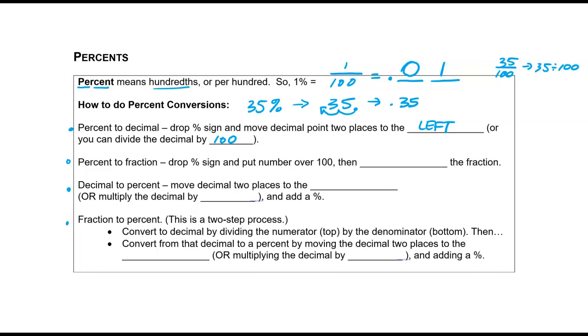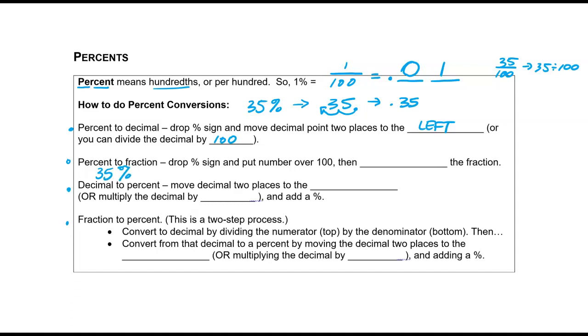And whenever you divide by a multiple of 10, so in this case 100 is a multiple of 10, that moves the decimal 2 places left, because there's 2 zeros here. If we were dividing by 10, it would move it 1 place left. If we were dividing it by 1,000, it'd move it 3 places left. And so you can really think of it either way. You can just remember to move the decimal 2 places left, or if you'd rather just divide by 100, that'll work too.